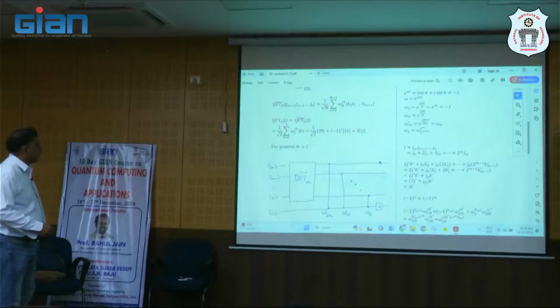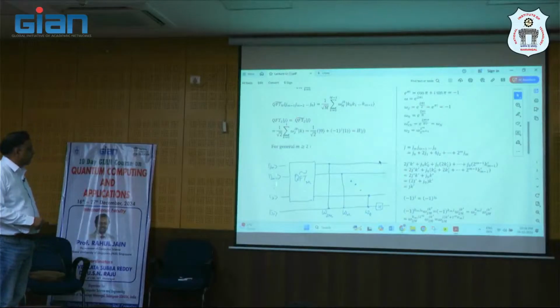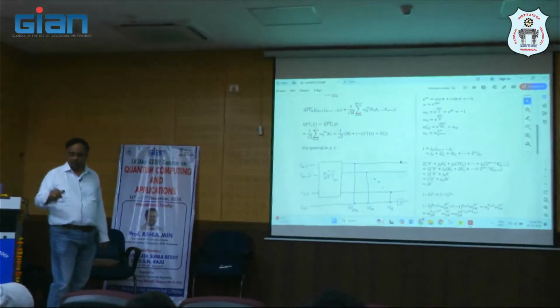For general m, this is the circuit. These top m wires, remember we are ordering like this, least significant to most significant. On the top m wires we do QFT tilde m. Then these are all controlled phase gates. We will see what they are.